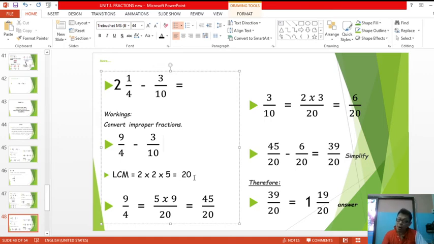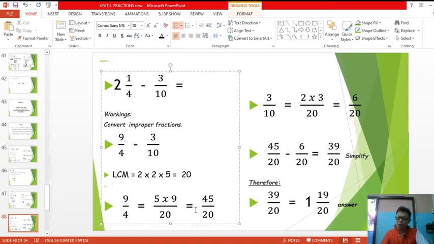So now our LCM, which is 20, is our new denominator. Again, you write down the fraction line, and bring down your 20, that's your new denominator. 20 divided by 4 is 5, times 9 is 45.